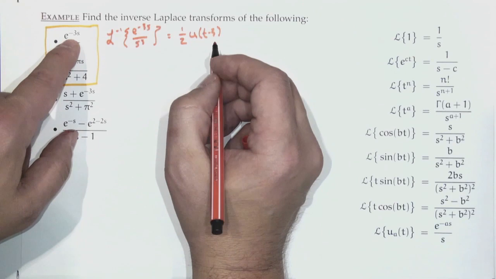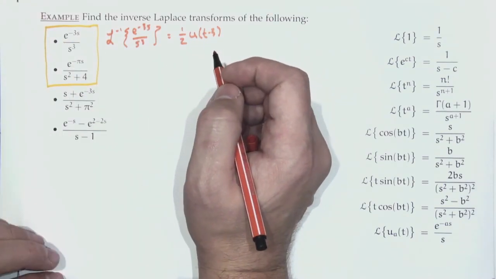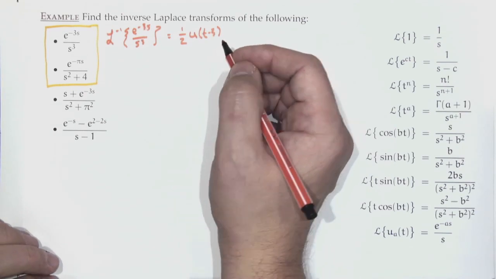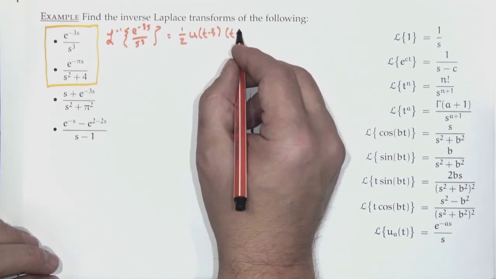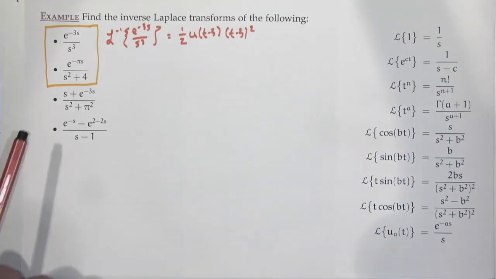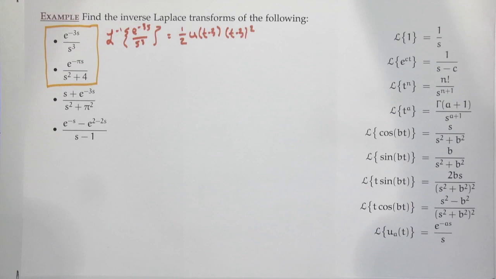Because we see the e to the minus 3s, we know there's going to be a u of t minus 3. What else do we need? And t minus 3 squared. Right? Because normally s cubed, if we just saw that, would be 1/2 t squared. But we've shifted, and so we have to make sure we carry out the shift.